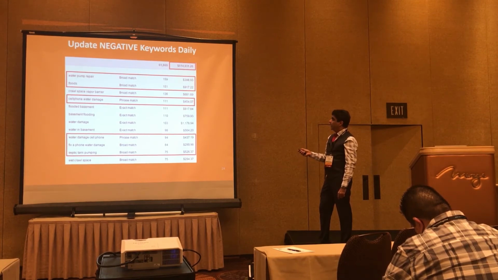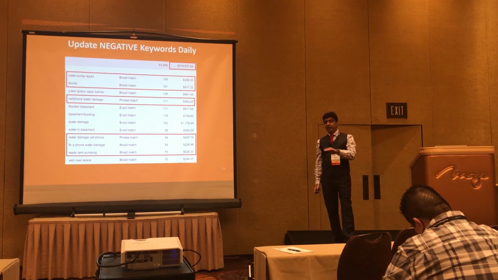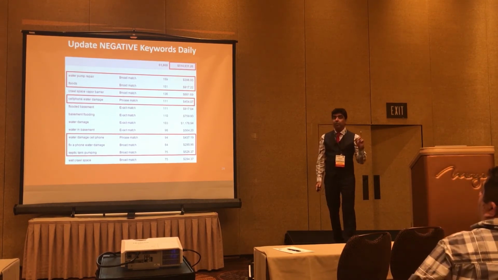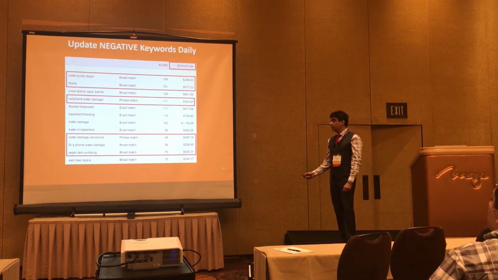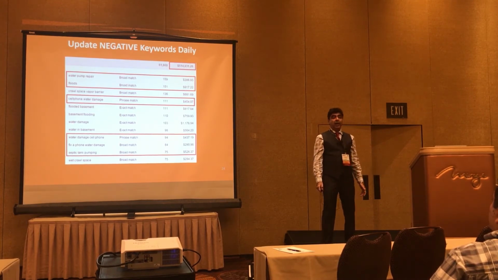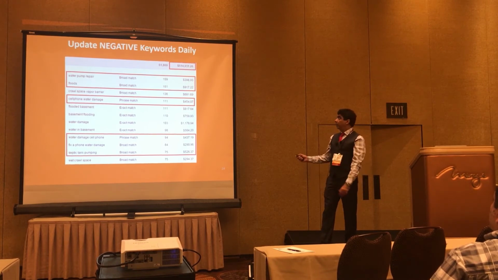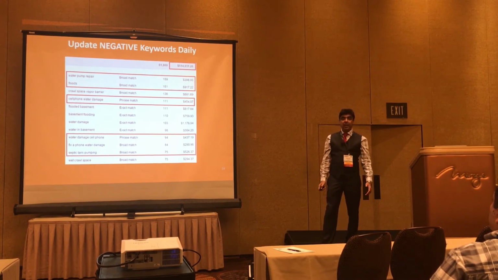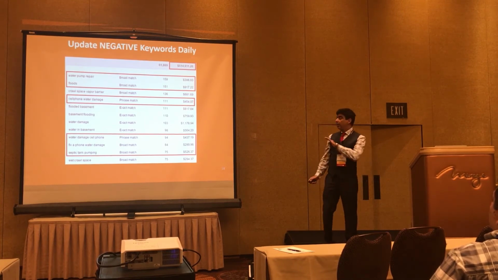When I added everything, more than 50% of their money was wasted on key phrases related to water damage, but not services they provide, because they do not fix phones that are water damaged, and pickup trucks, and Silverados, and so forth. So out of 514,000, they had lost close to $300,000 in 1 year because they had no negative keywords.